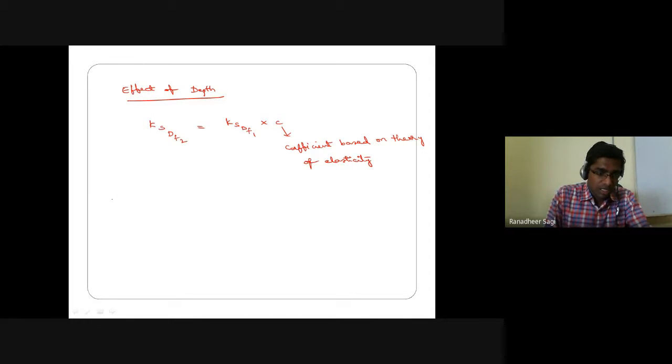And similarly, the effect of stiffness of your foundation. That's what we call your relative rigidity or flexibility of your footing.